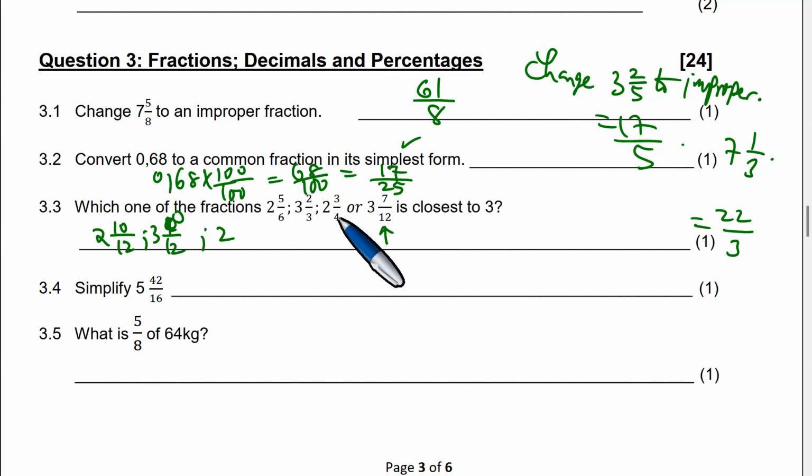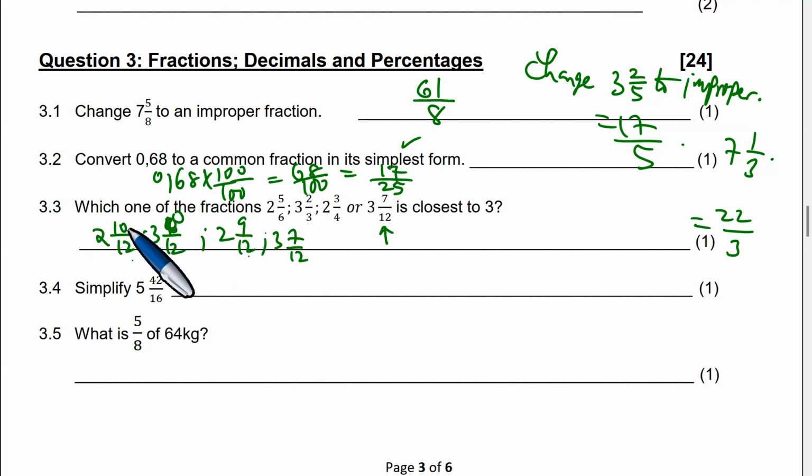You want the 4 to be 12. What number can you multiply 4 with so it becomes 12? 3. So 3.3 is 9 out of 12, and 3 and 7 out of 12. So now these numbers, you can compare them very well because they all have denominator 12. Which one is closest to 3? This one is 7 out of 12, this one has 9 out of 12, 8 out of 12.